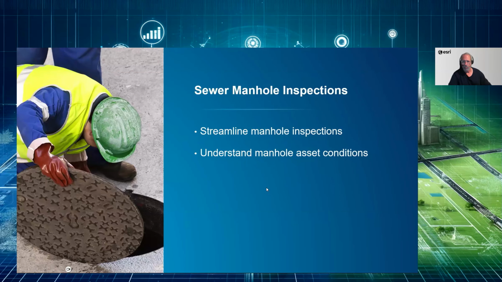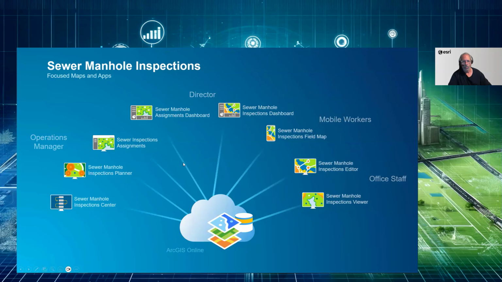So what we'll talk about is how to streamline manhole inspections and understand manhole asset conditions through this manhole inspection. And then I'll be showing a little demo as well. With the sewer manhole inspections, all of these solutions come with focus maps and apps.